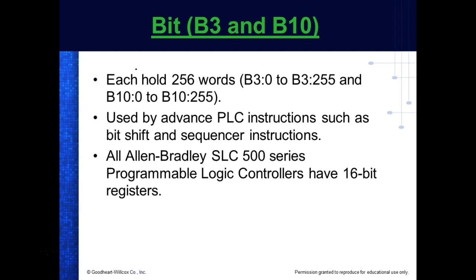So if I've got a relay that doesn't need to generate an output to the outside world, I will use one of my B3s. This gives us 256 inside of B3. B10 gives us 256 also, because we can go up to 255. So that's 512 internal coils we can have. If we've got extra memory, we can assign more bit files, and I'll show you that. We can have tons of bit files, but they'll all start with B. It might be like B15, so you have to look at the PLC.